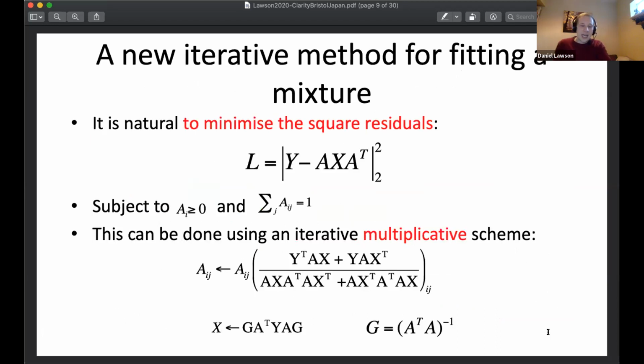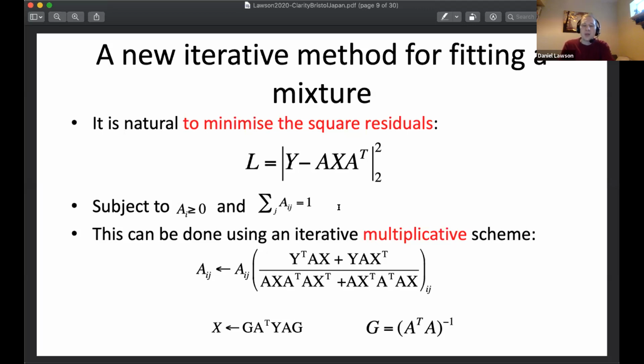So we instead, for the Clarity paper, came up with an alternative method. It's simply to try to minimize the squared residuals. So L is my loss function, Y is my similarity matrix for the first data set that I'm interested in, A is what I'm going to call structure, X is the relationship.